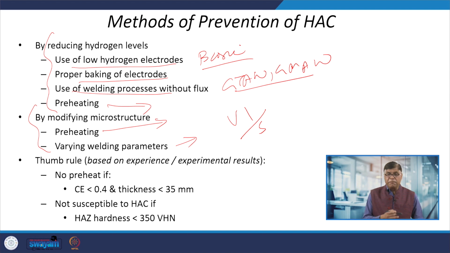Or multi pass welding can be used, so that bead tempering will be done, which will help to reduce the hardness and increase the toughness of the earlier deposited beads.